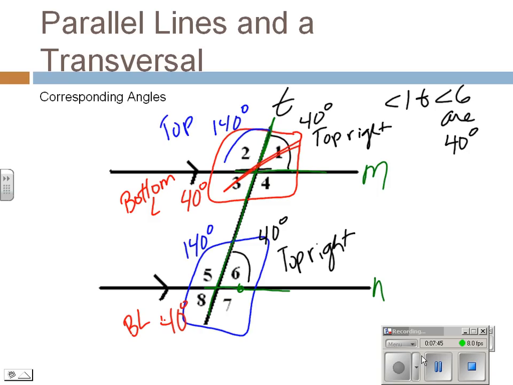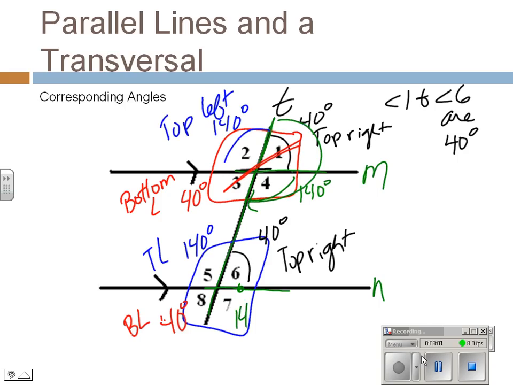We're going to call this top left, and I just abbreviate it TL. And then we know that this angle is also 140 degrees because these two are supplementary.